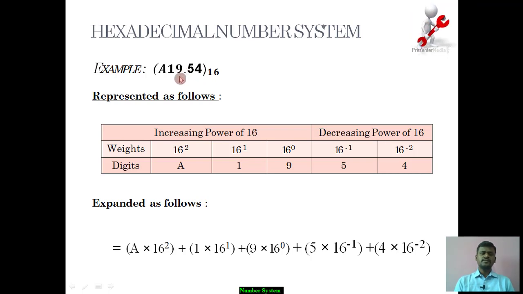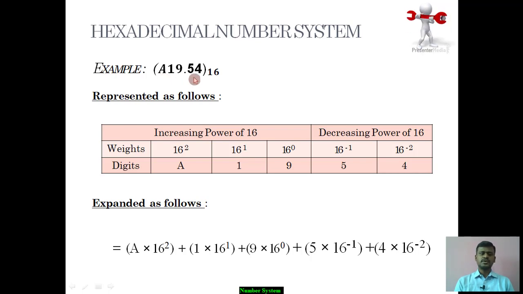You can see here 9 will be assigned 16 raised to 0, 1 will be assigned 16 raised to 1, and A will be assigned 16 raised to 2.